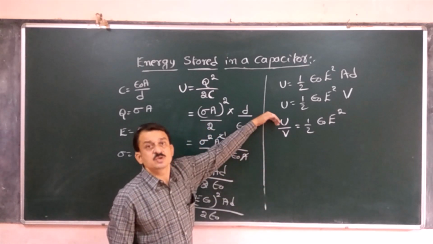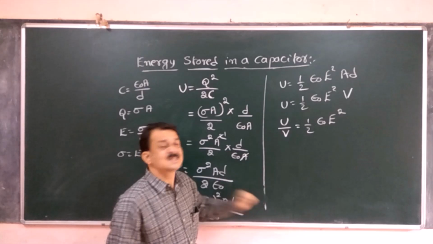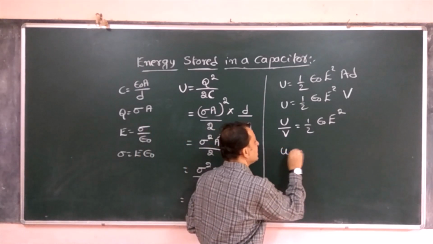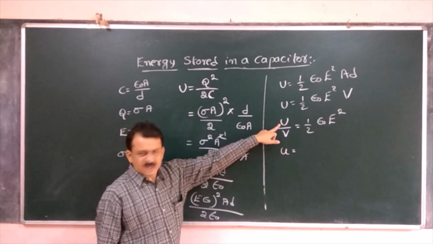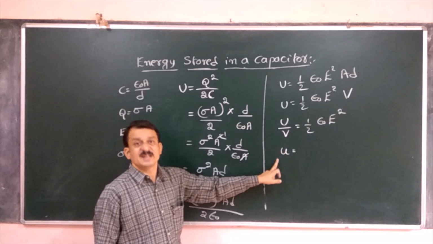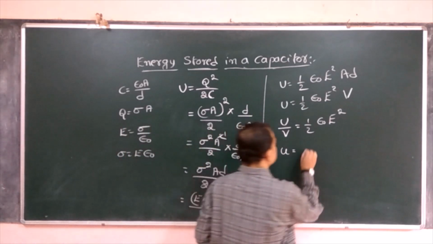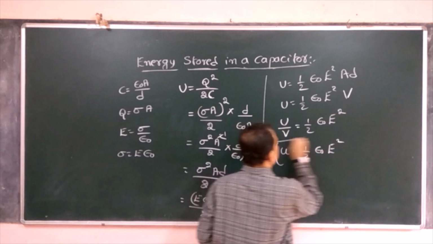This energy stored per unit volume is called energy density and denoted by the small letter u, which is equal to half epsilon naught E square.